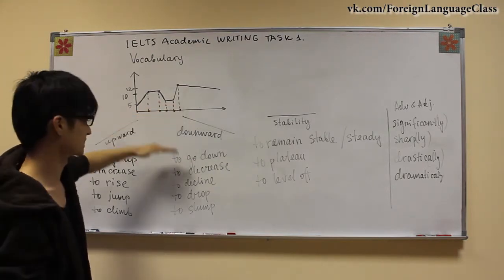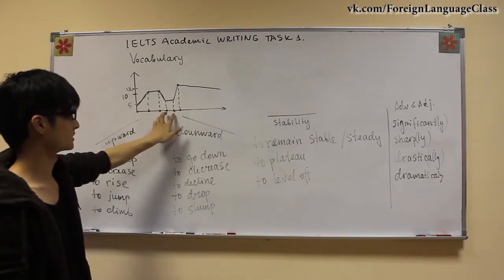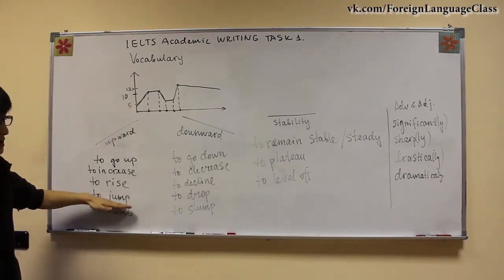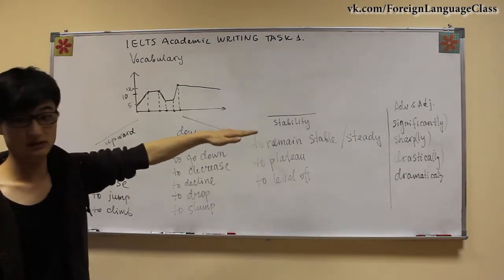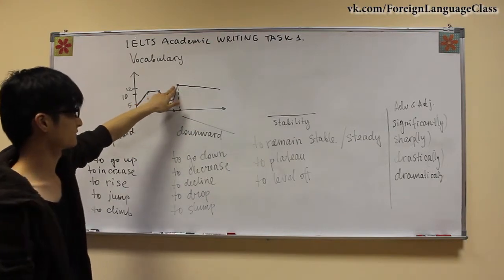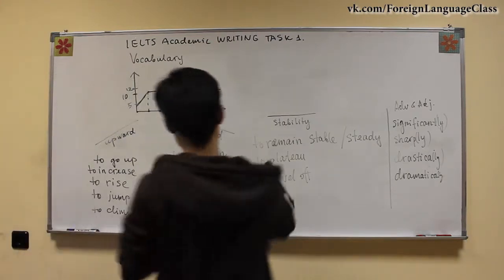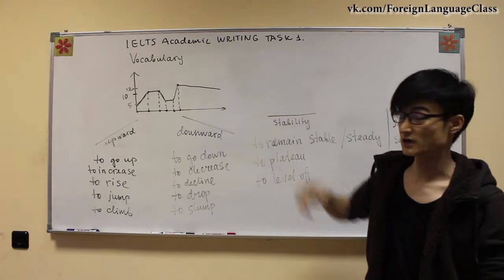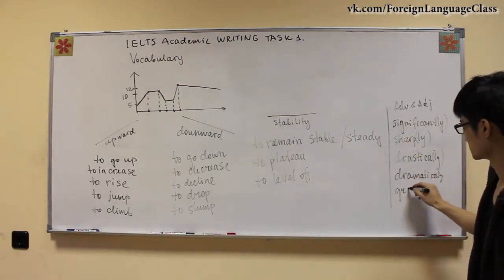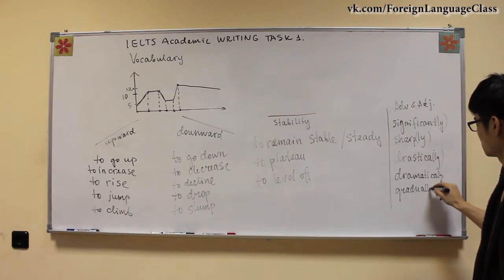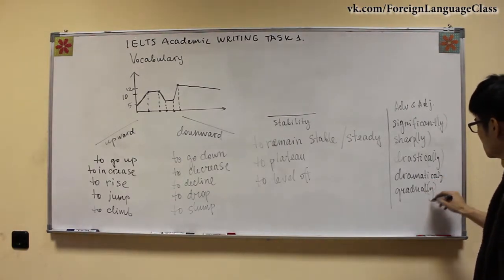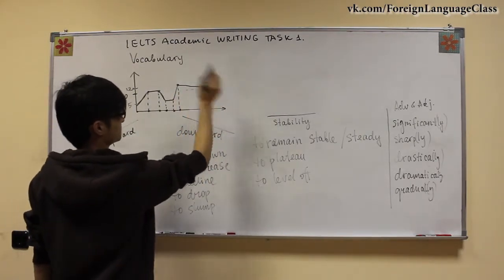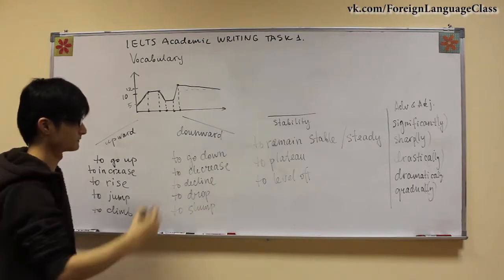After that it plateaued or leveled off again and was stable for some period of time, but after that it jumped or went up sharply, significantly, up to 12, and after that started to go down, to decrease, to decline, gradually. Another word is gradual, which means slow, step by step.